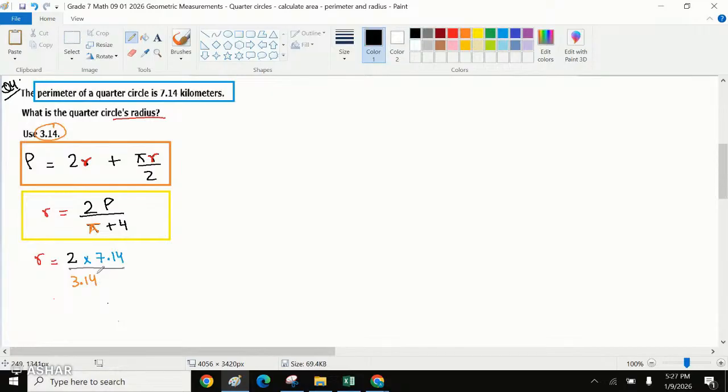So can we say 2 multiplied by 7.14 comes out to be 14.28, divided by 7.14. So finally we can say the radius comes out to be 2, and the unit we have to use is the same, that is 2 kilometers. Okay, do we agree on this?